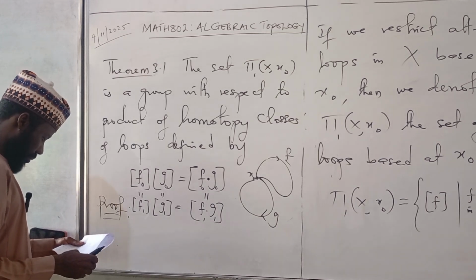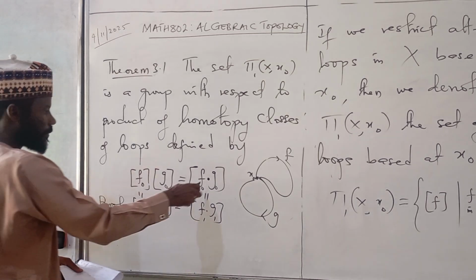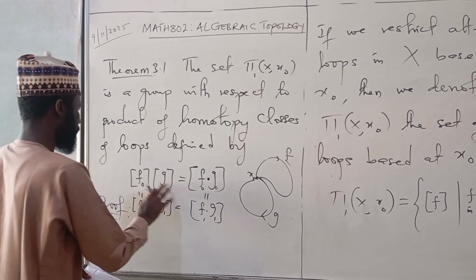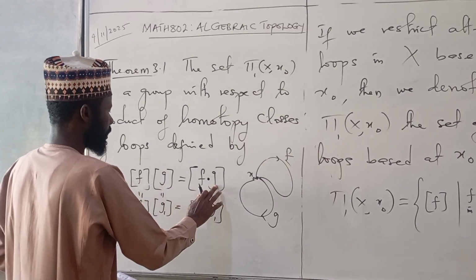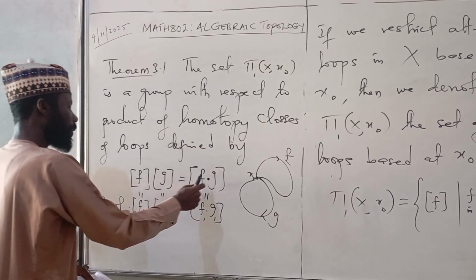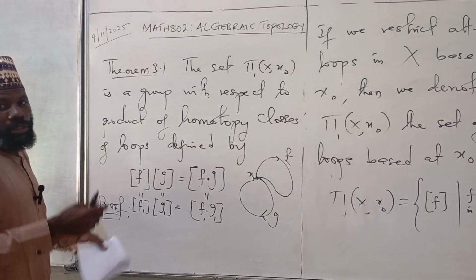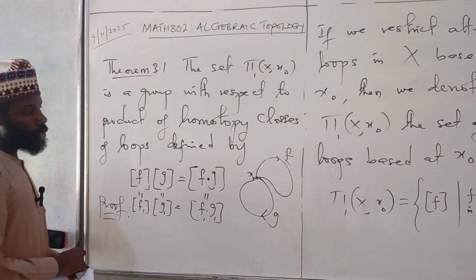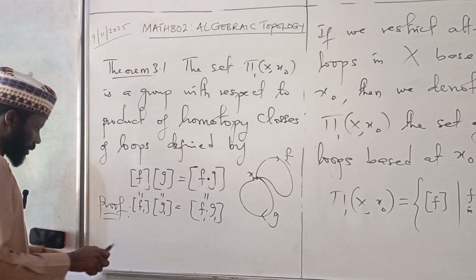So first of all, this is always defined. This is well defined because you are dealing with what? Loops based at X naught.